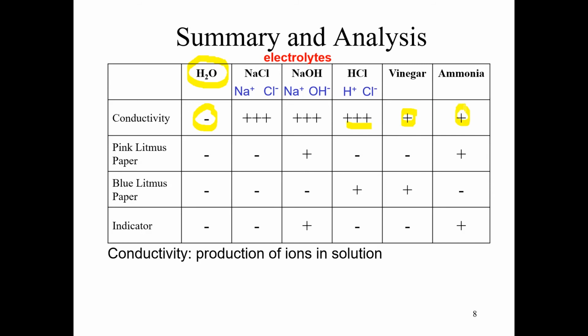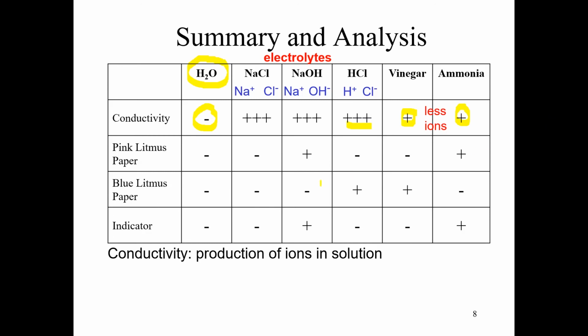In other words, the light turned on, but it was dimmer. And so that would indicate that in these cases, although they are electrolytes, although they produce ions in solution, they are producing fewer ions. Okay, so we have our little scenario here. We know that all these substances produce different kinds of ions. Now let's see what they do.